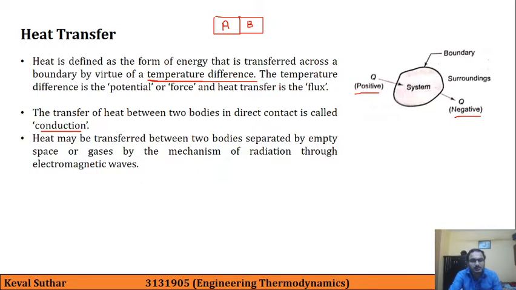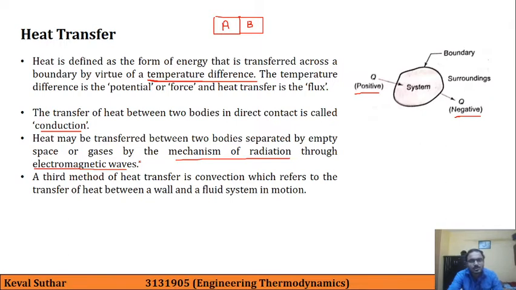Heat may be transferred between two bodies by empty space or gases by a mechanism of radiation through electromagnetic waves, and this is known as radiation. So for the example of radiation, the heat which Earth receives from Sun is radiation because it is through the electromagnetic waves.